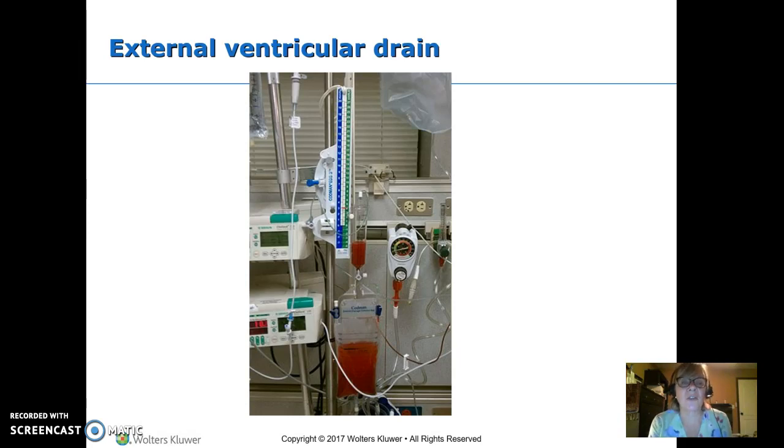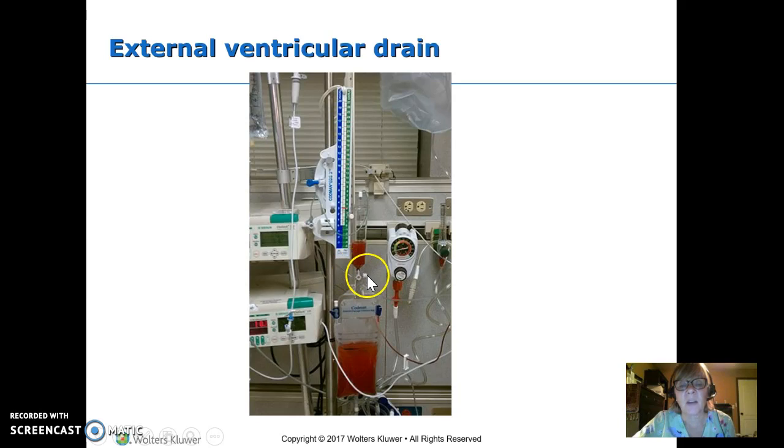Here's our external ventricular drain, and this is exactly what they have at Valley Children's. Just like that VP shunt, we have something going down into the ventricle of the brain, but instead of it staying internal, it comes external and drips into the top of this. Then this fills up.